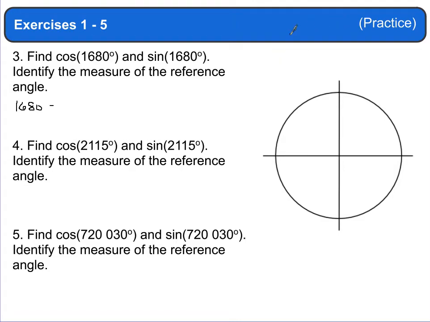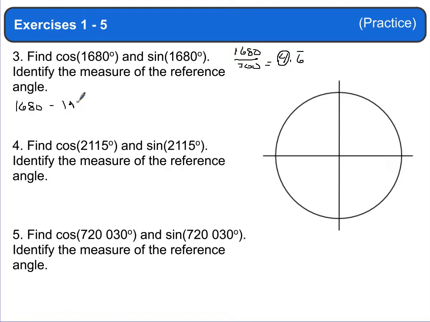And so I'll just make a note here on the side that 1680 divided by 360 is 4.6 repeating. So what we're interested in is this 4. So 360 times 4 is 1440.